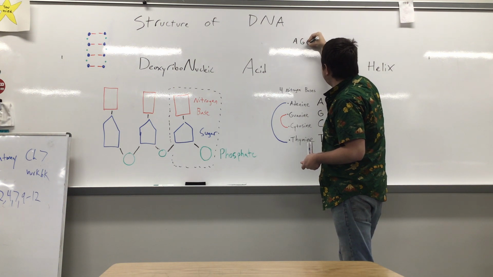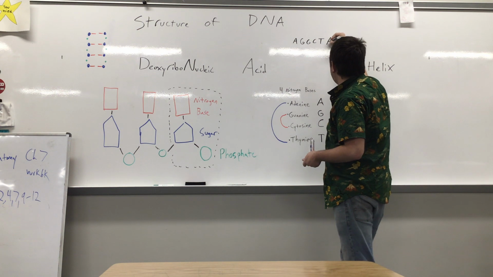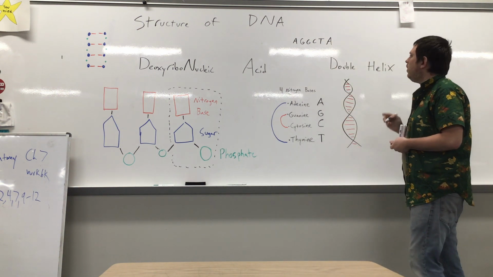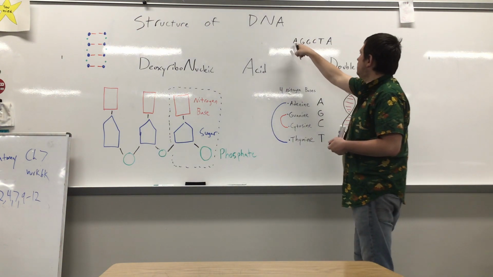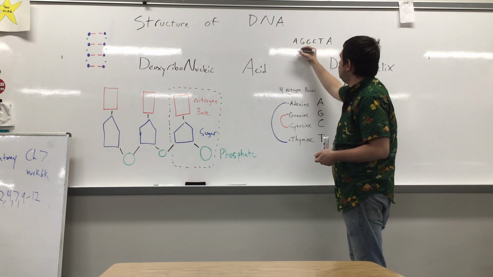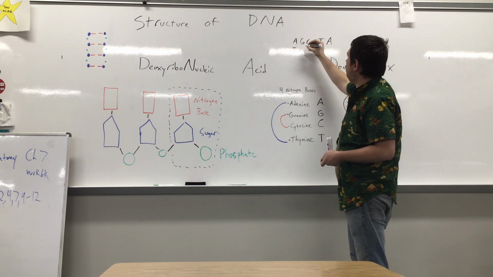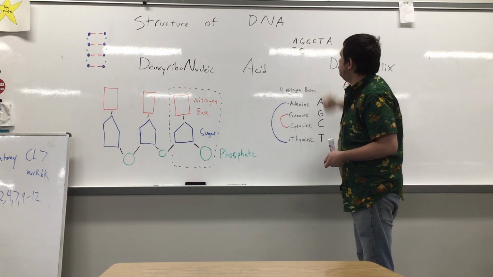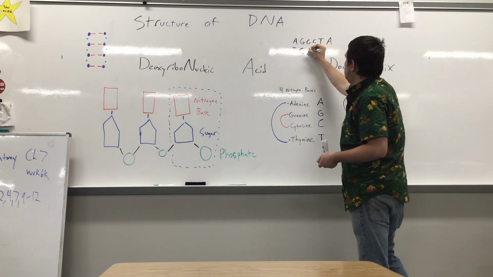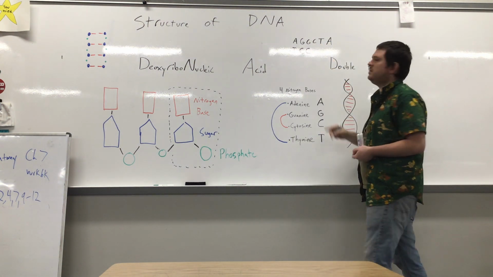So if you have a series where you have adenine, guanine, cytosine, thymine, adenine, it will only match up if A is up here, the strand that it connects to will be thymine. G will only have C on the other side. This G will only have C on the other side.